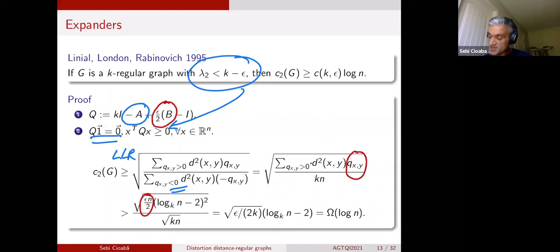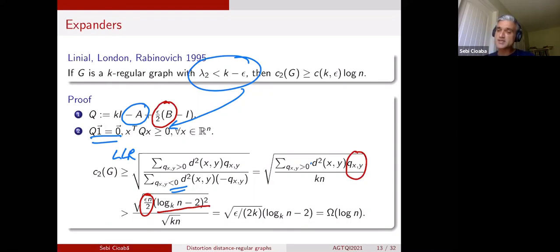And the pairs x and y with positive entries also come from this B, which was defined as the adjacency matrix of this perfect matching, and that corresponds to vertices far apart. So the distance between them is at least log of n minus 2. So you do the calculation, the n simplifies, and you get log of n. So that's basically the proof.